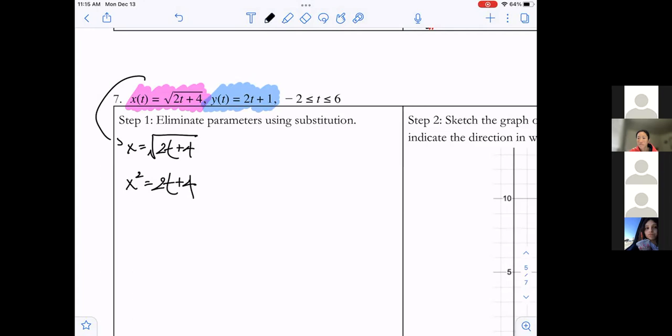Can we isolate t on both and then set them equal? We could isolate t, but I suggest that there is a faster way to get to what we want.